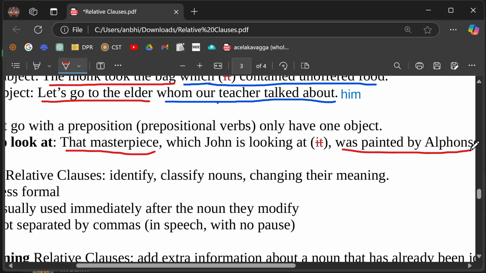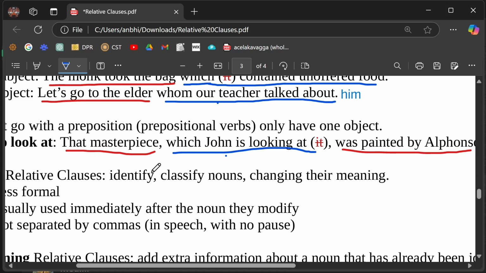It's perfect. Okay? Then this relative clause is a subordinate clause, it's not a main clause. It's a dependent clause. It cannot be by itself. You cannot make a sentence like this, which John is looking at. You cannot say that by itself.